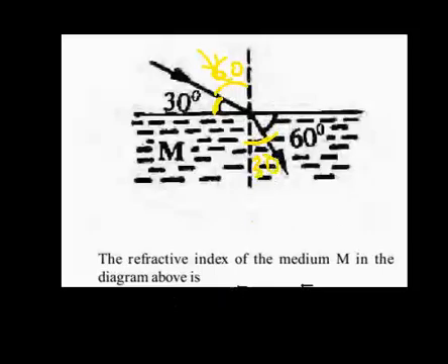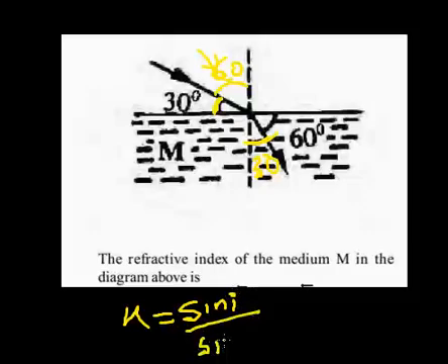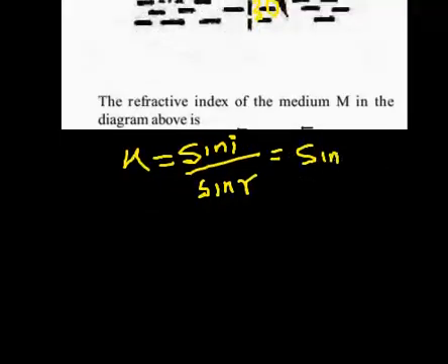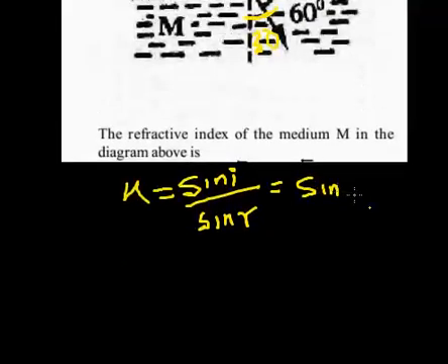We are being asked for the refractive index of the medium, which is the sine of the incidence divided by the sine of the refraction. The incidence is 60 degrees and the refraction is 30 degrees.